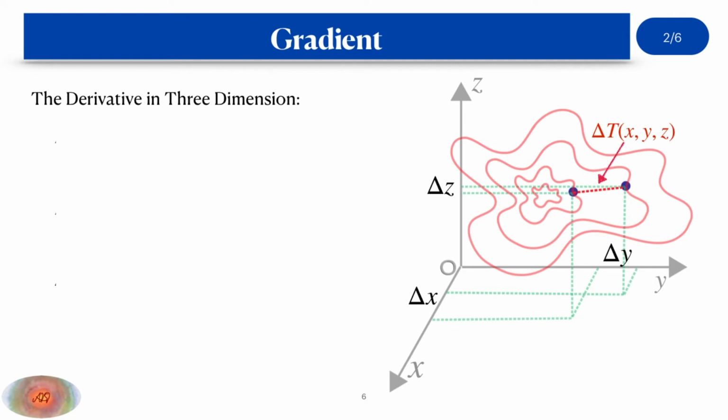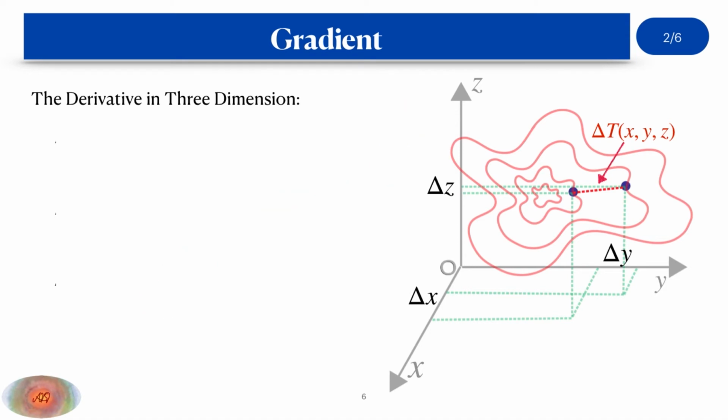The coordinate of the first position you can denote by x, y, z, and the coordinate of the second position can be at a very incremental distance with respect to the first position, and you can consider the coordinate of the second position as x plus dx, y plus dy, and z plus dz. So this can be considered as the coordinate of the second point.